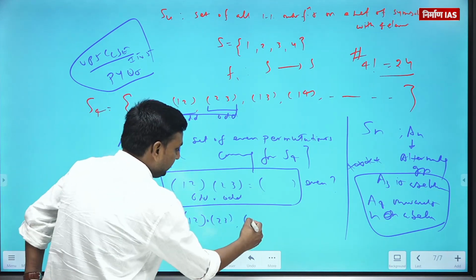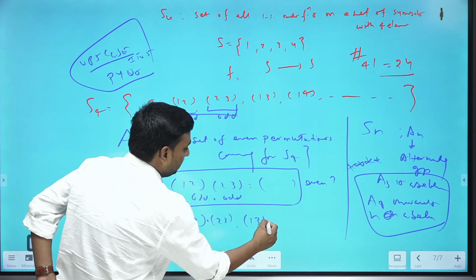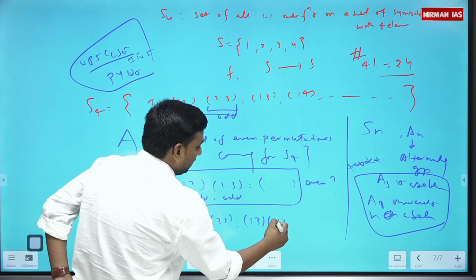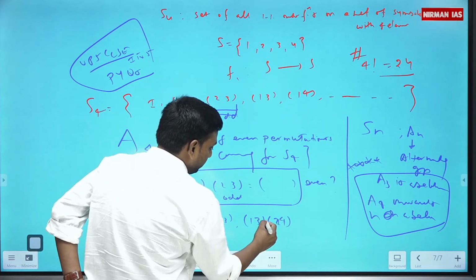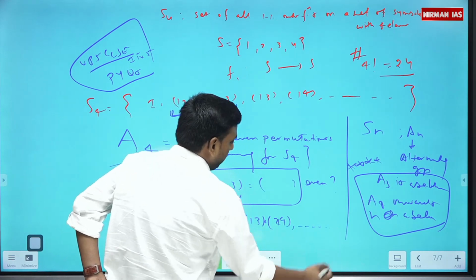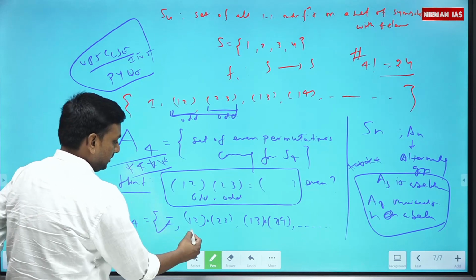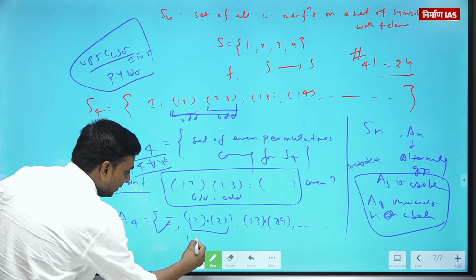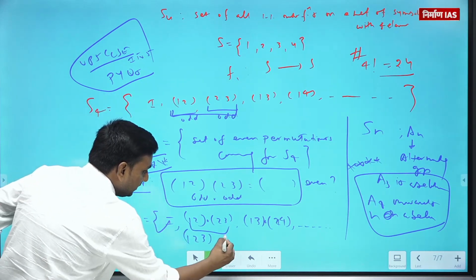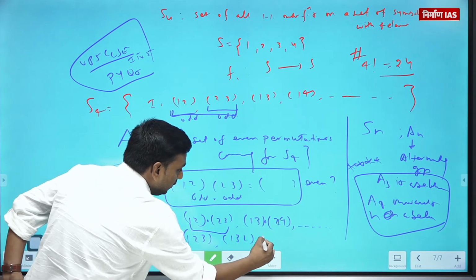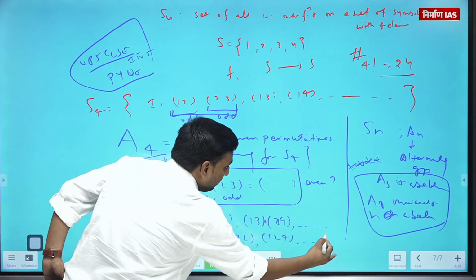Similarly, you can write an element (1 3), (2 4) composition, and so on. You're getting my point? Similarly, (1 2 3), (1 3 2), (1 2 4) and so on.